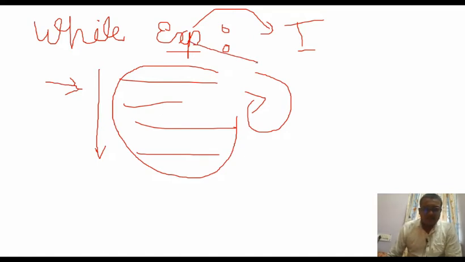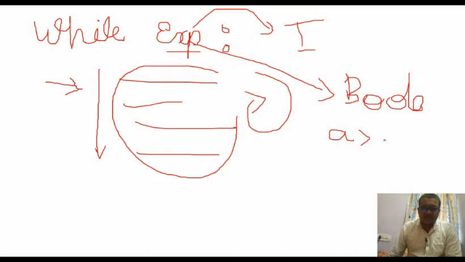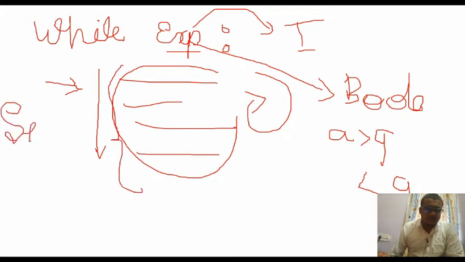So these expressions can be in a Boolean format, like a is greater than 9 or less than 9, and these are all the statements. So these statements can be single or multiple.